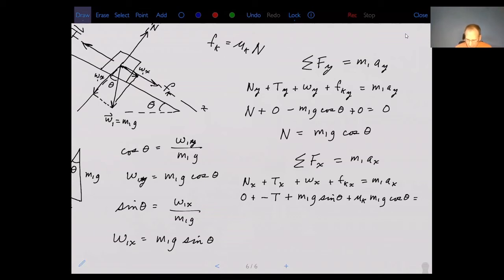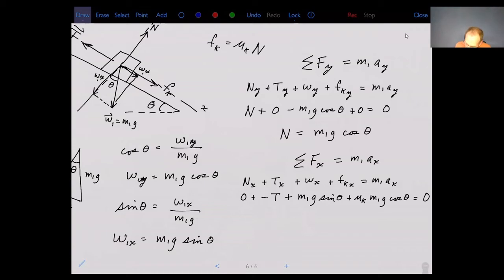In this case, remember that this cart is moving at a constant velocity, right? We're adjusting the mass on the hanger, so the cart specifically moves at a constant velocity up the wooden ramp. Therefore, its acceleration is 0 in the x direction. So this is just equal to 0.